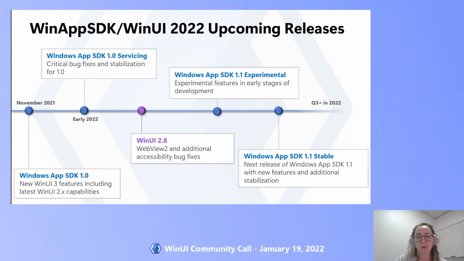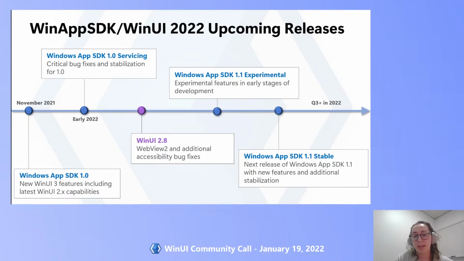As I mentioned, in November we had our Windows App SDK 1.0, which had new WinUI 3 features, including the latest 2.x capabilities. Then from early 2022 through about mid-2022, we'll have some more releases. We'll have the Windows App SDK servicing release I mentioned that includes critical bug fixes and more stabilization for 1.0.